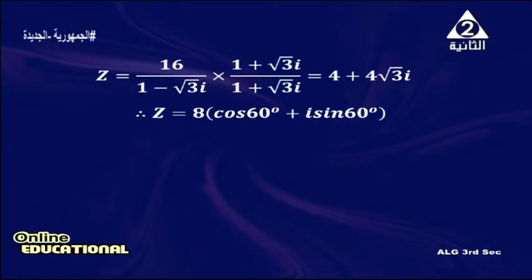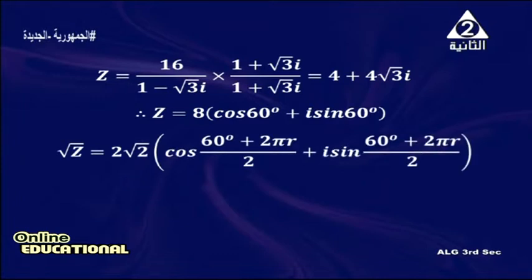Then z equals 8 multiplied by bracket containing cosine theta plus i sine theta. Don't forget, r is 8. X is cosine theta, y is sine 60, or sine theta. Square root of z equals square root of 8, which is 2 root 2, multiplied by cosine of 60 plus 2 pi r over 2, plus i sine of 60 plus 2 pi r over 2.